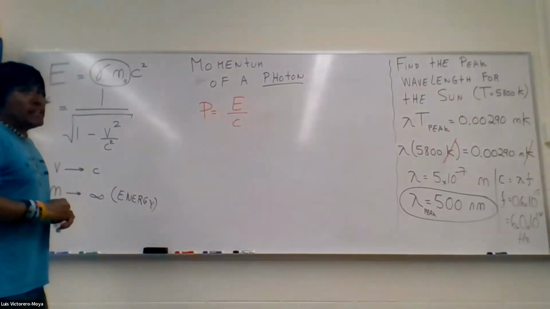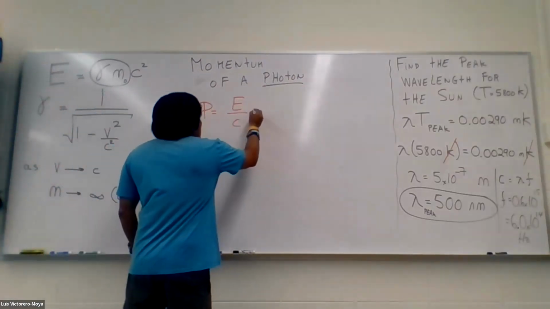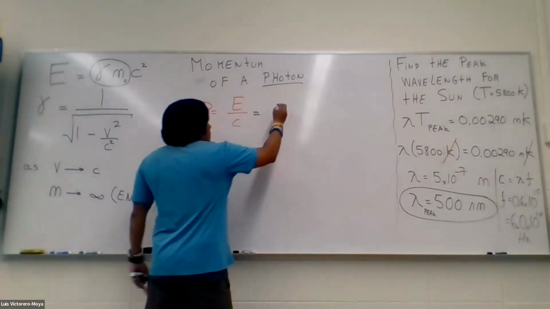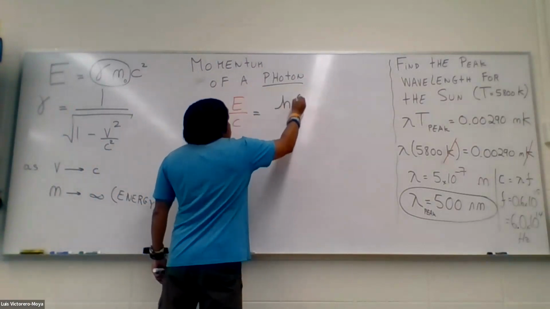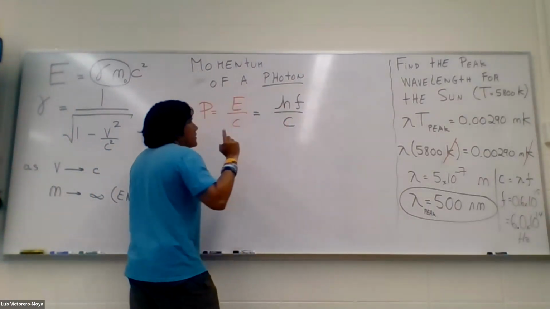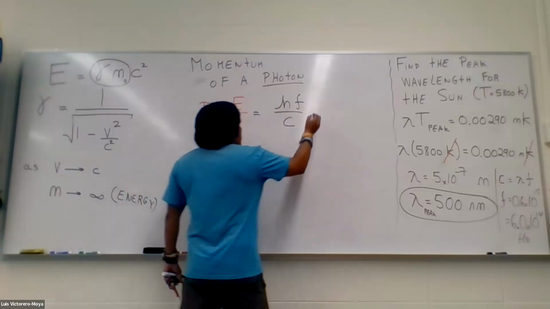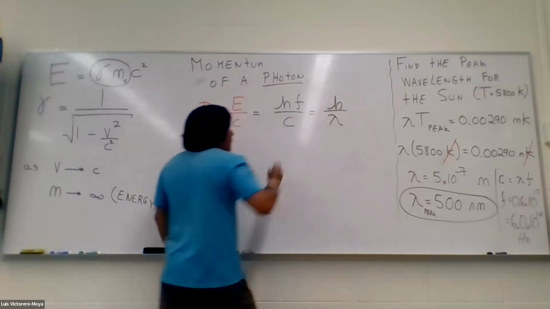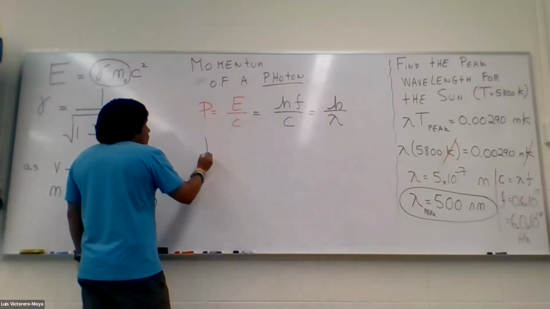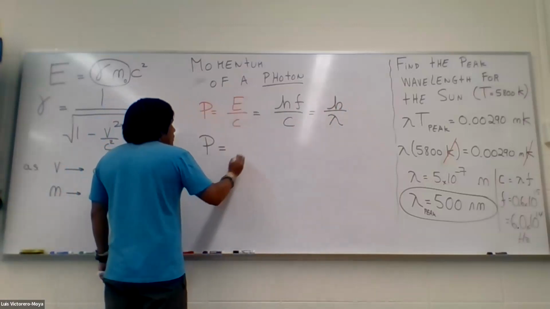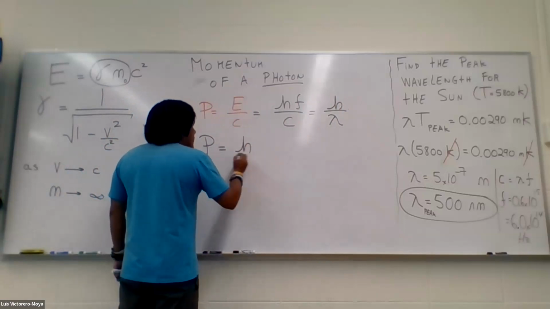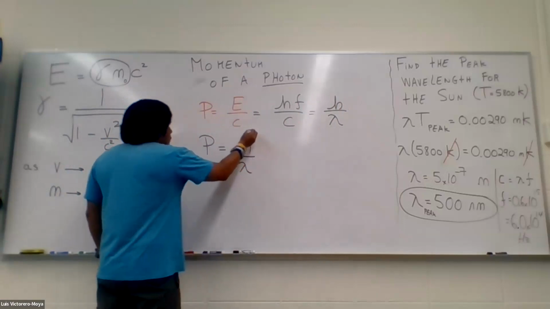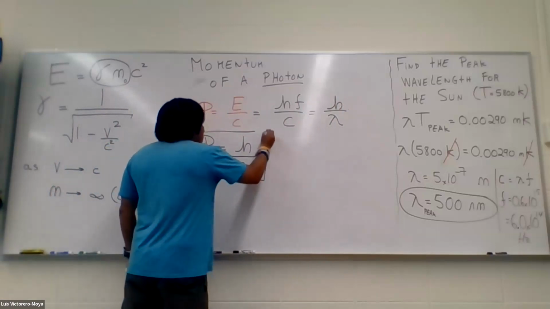And we're going to prove the de Broglie equation. Energy of a photon is h frequency divided by c. But wait a second now. Frequency over c is 1 over lambda. So there you are. The momentum of a photon is equal to the Planck constant divided by the wavelength of the photon or the radiation.